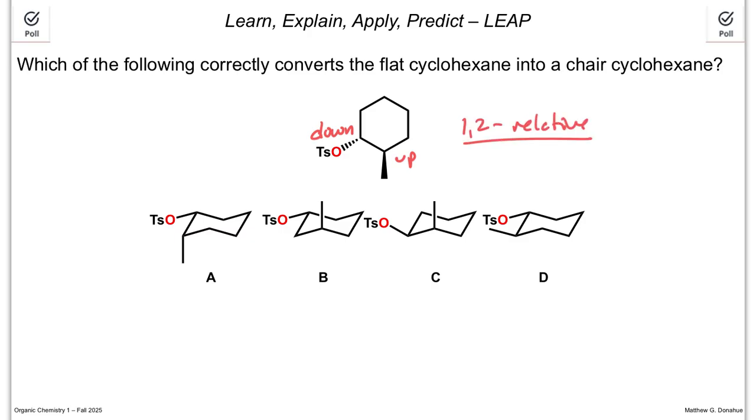So of the 2 substituents, they're in a 1-2 relationship. The tosyl group is shown as down or away from you, and the methyl is up or towards you.